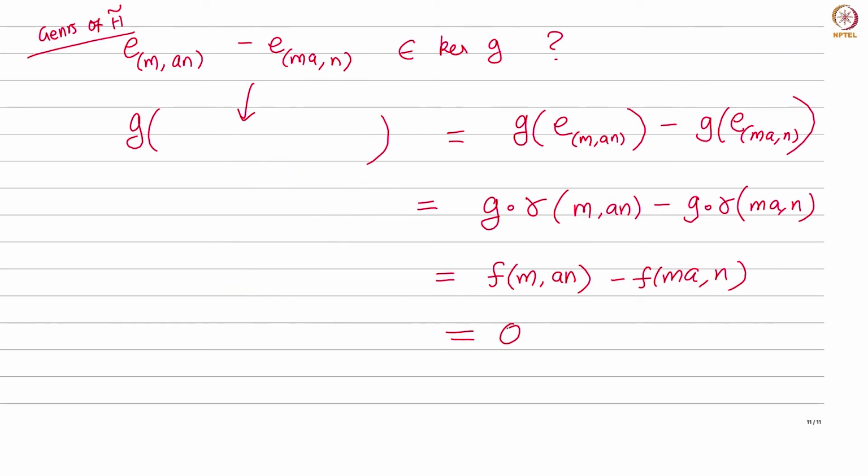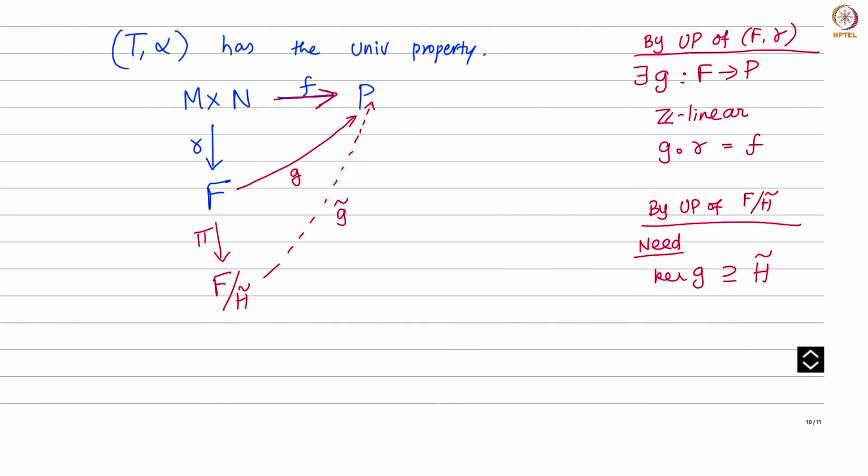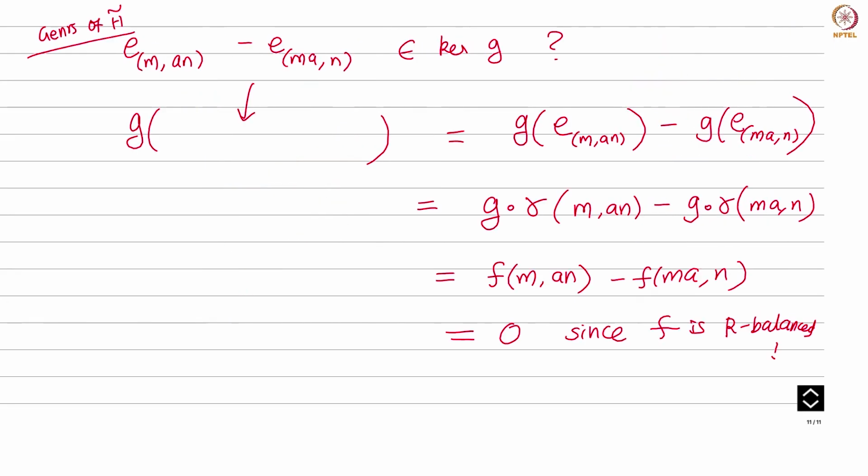Observe that this is 0 because F was given to be R balanced. We are only trying to show the universal property relative to pairs P comma F where F is R balanced. So because F is R balanced, this particular generator of H tilde in fact belongs to the kernel. So what we have shown is yes, it does.